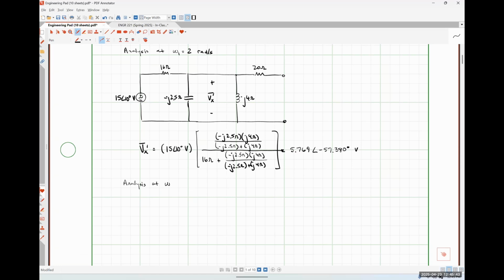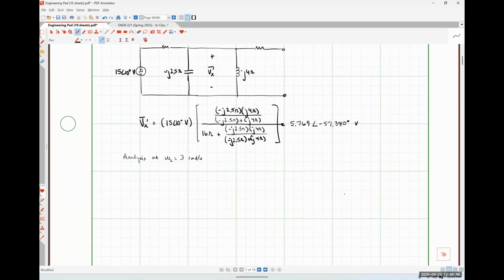So this will be omega 2 is equal to 3 radians per second. And since yes, Nikolai. 10.7 angle negative 170 degrees.